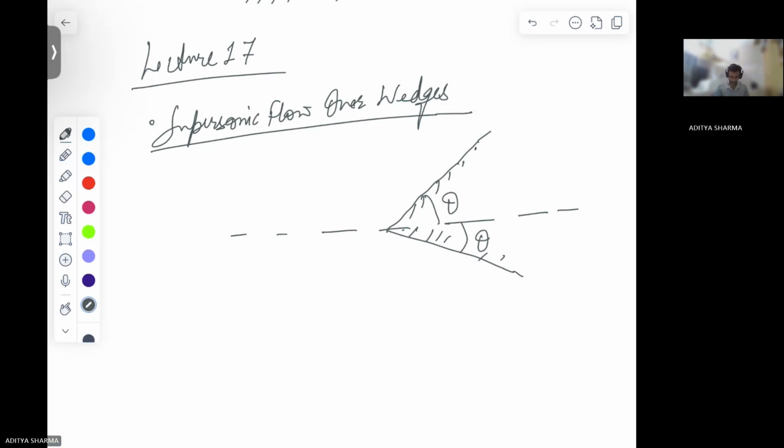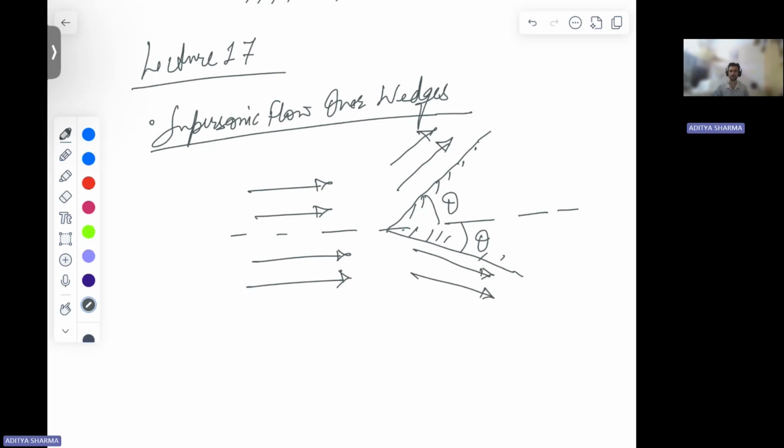Then if your flow is moving in this direction, as I am pointing out, this wedge will act as an obstruction for the flow. It will direct the flow towards itself.